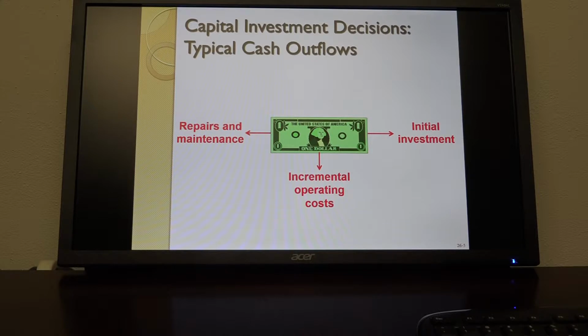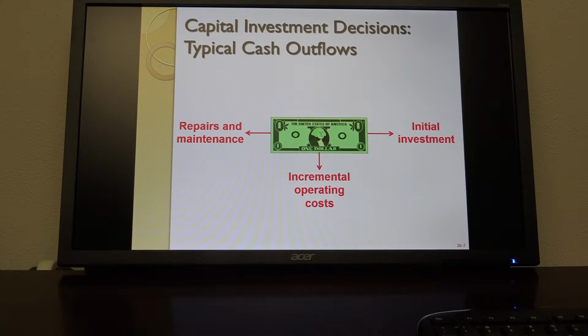And so when you make these capital investments, you're going to have both cash outflows and cash inflows. Some typical cash outflows are repairs and maintenance. You're going to have to make repairs even to new capital expenditures. Over time, you're going to have to maintain the capital expenditure as well.